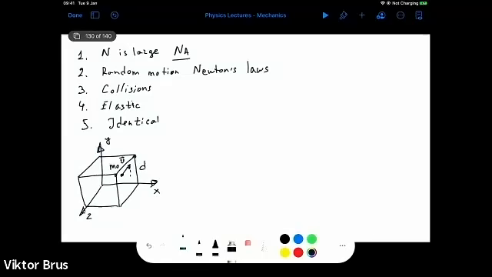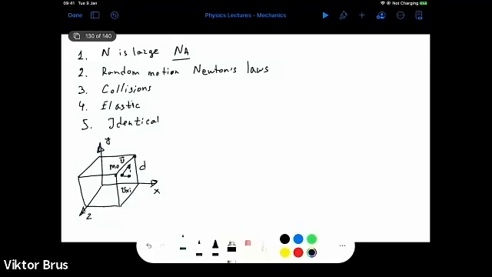For instance, this x component of velocity will be v_xi. So v_x is the x component of velocity, and i just states that it's some i-th molecule from the large number N.